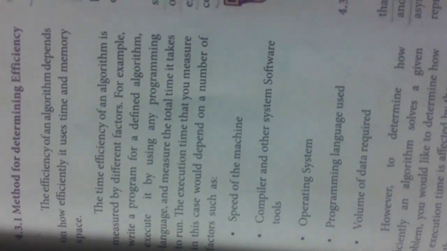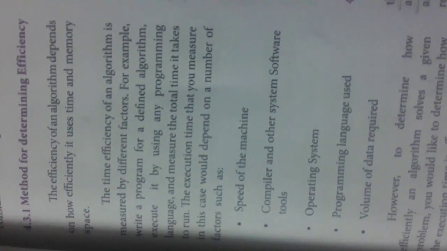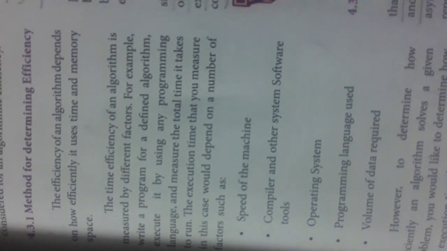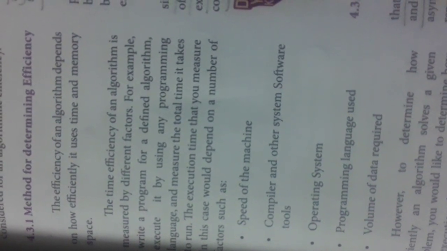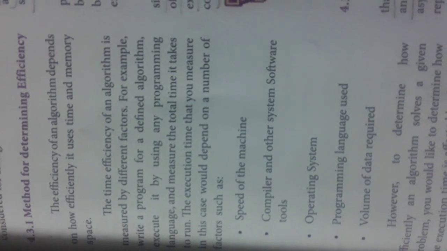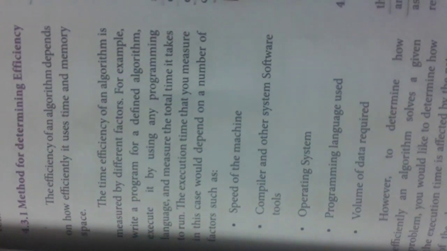When you start writing an algorithm, two things have to be considered. First one is time. What is the time taken to execute it and what is the memory it requires. Time is measured by counting the number of key operations, like comparison in the sorting algorithm. Then space factor is measured by maximum memory space required by the algorithm.